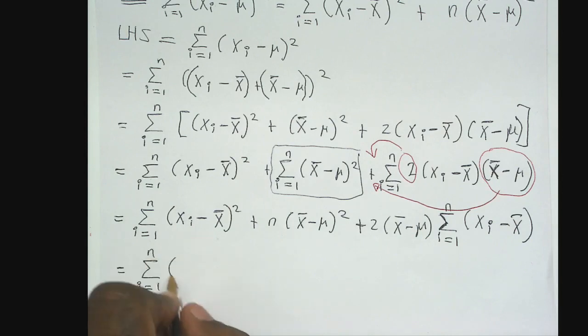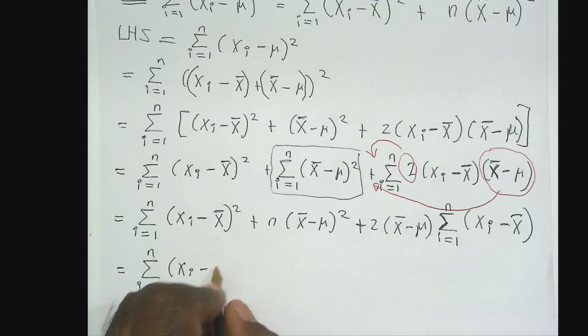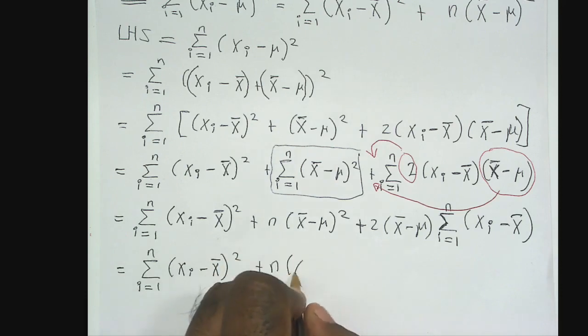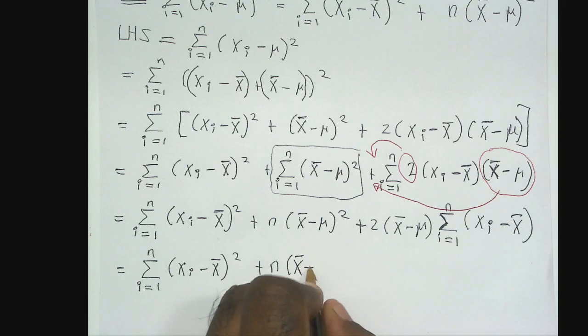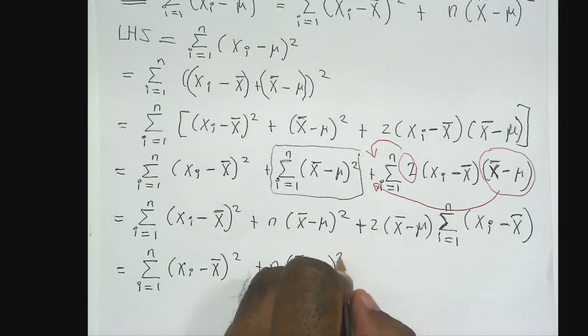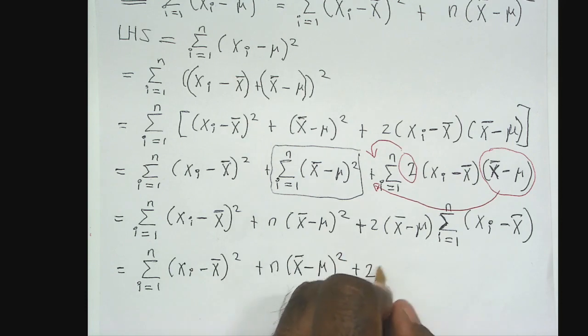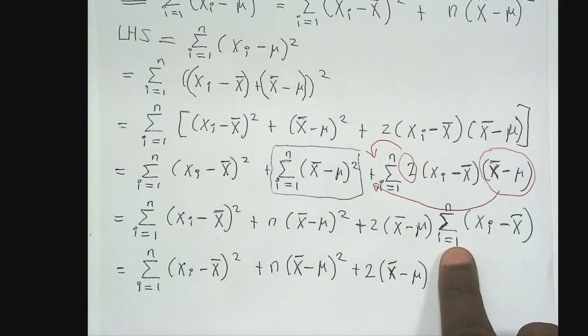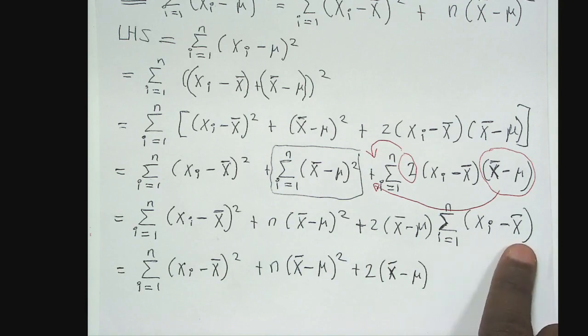Alright, the next step, we are nearly there, guys, so don't worry. Only a couple of steps left. The next step is I'm going to take the sum here inside the brackets. You see, you have a bracket with xi minus x bar.